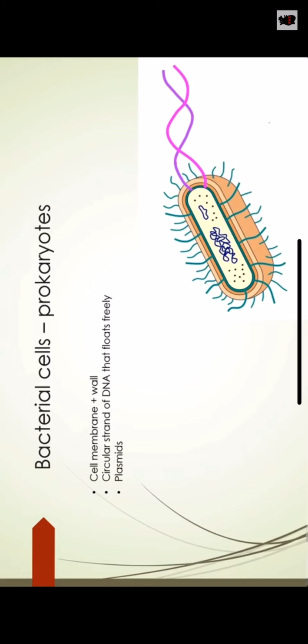Plasmids, these are only found in prokaryotic cells, and these are small rings of DNA. And actually, this is how bacteria cells exchange genetic information. They can transfer these, and when they divide, it's not a set amount of plasmids that get transferred, and you won't find this in eukaryotic cells. They have a flagellum, funny word, and this allows them to travel through any medium.